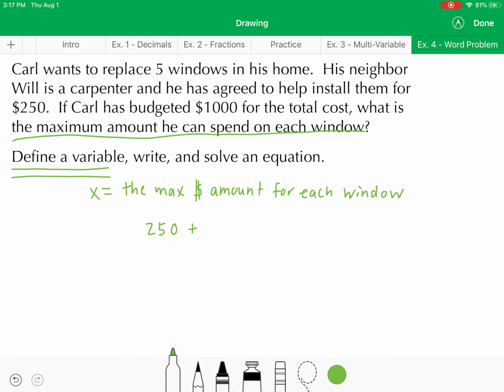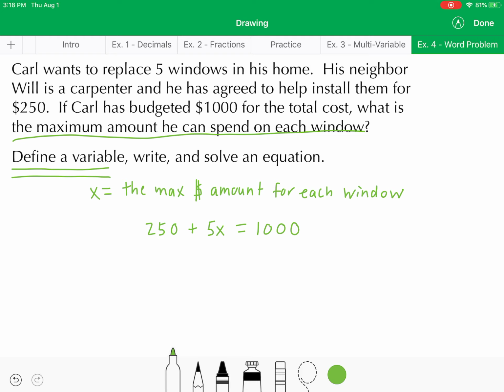And we just need to add that to the cost of the windows, right? Well, there are 5 windows being put in the home, and x represents the cost of one window, so 5x represents the cost of all of the windows combined, right? If we add that to the 250, it can't go over, it has to equal $1,000.